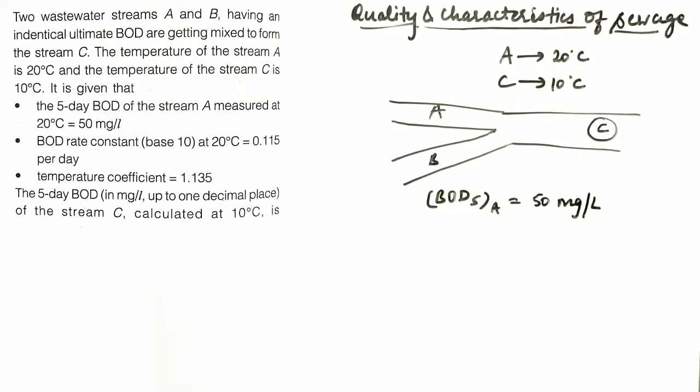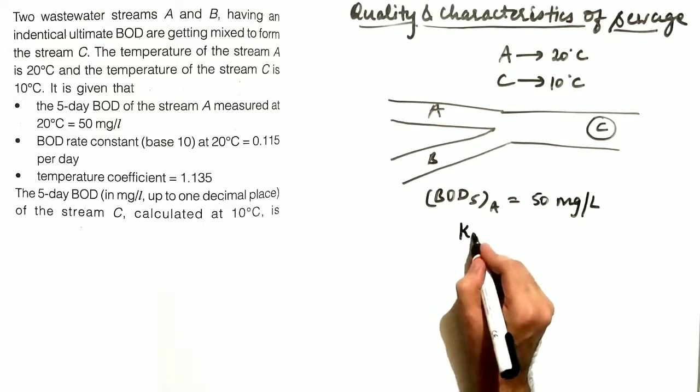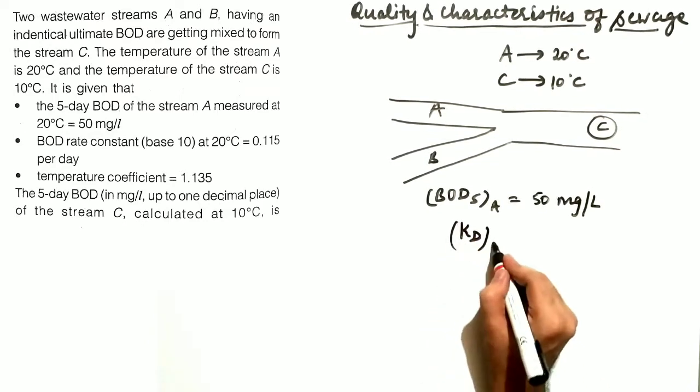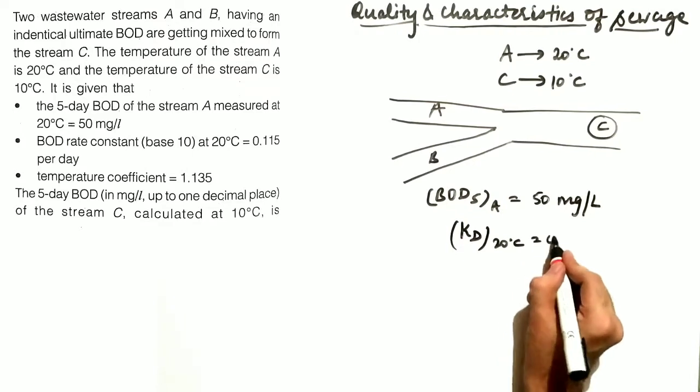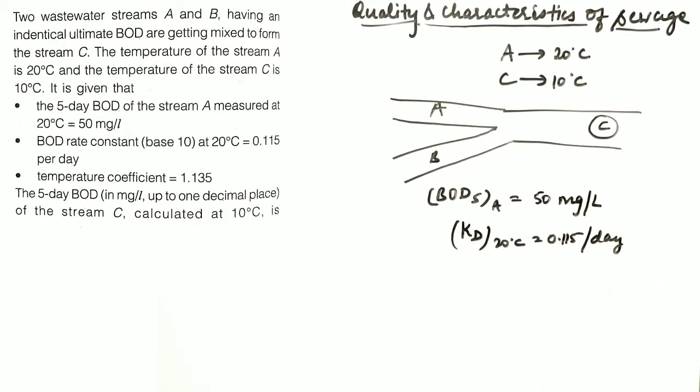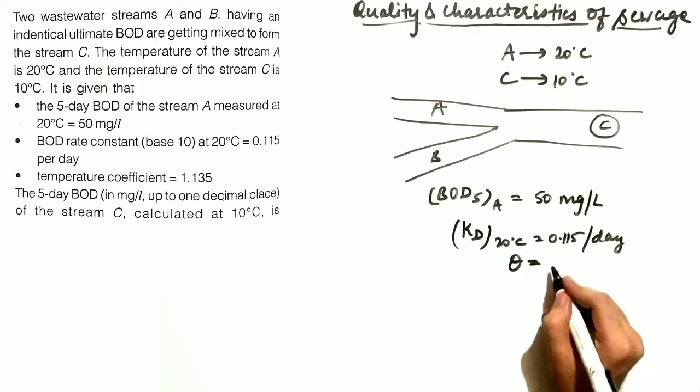Similarly, you are also given the BOD rate constant at 20 degrees Celsius, that means KD. It is clearly mentioned for base 10, so KD at 20 degrees Celsius is 0.115 per day. You are also given the temperature coefficient, also called theta, which is equal to 1.135.